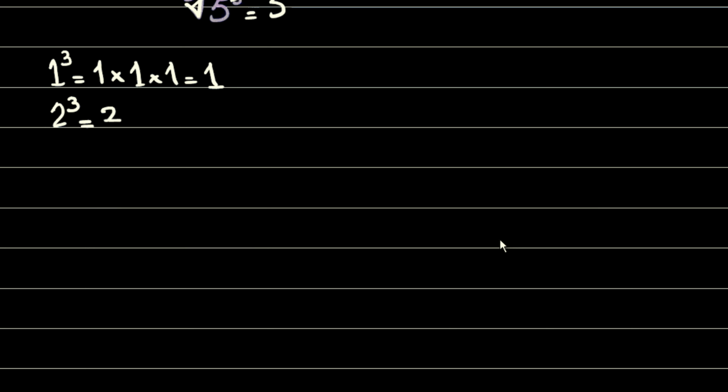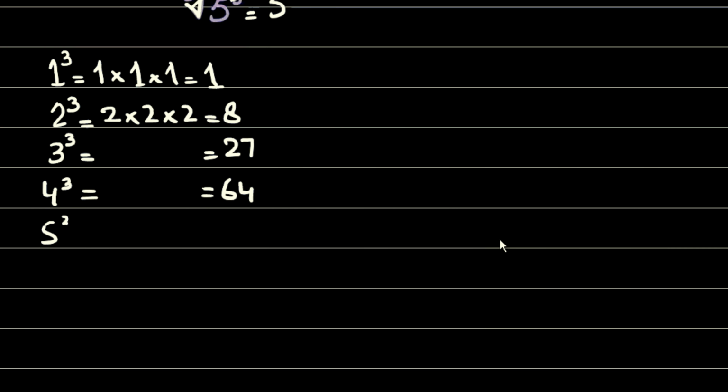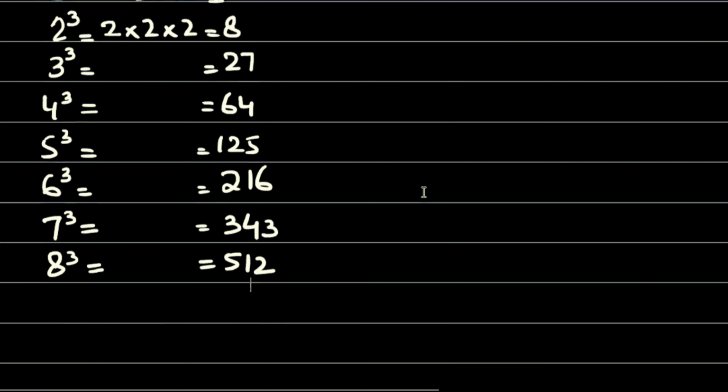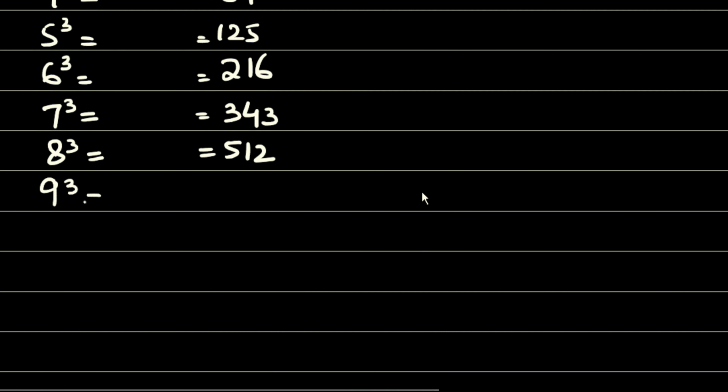2 cubed means you multiply 2 three times, and you get 8. 3 cubed is 27, 4 cubed is 64, 5 cubed is 125, cube of 6 is 216, cube of 7 is 343, cube of 8 is 512, cube of 9 is 729, and cube of 10 in the last is 1000.